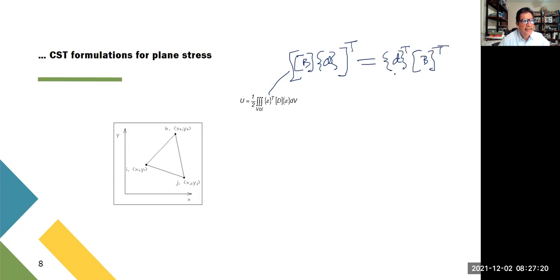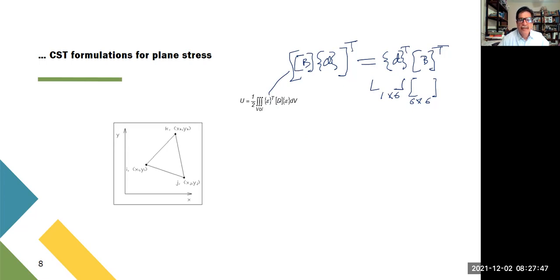Okay, so this is a row because D is a vector, and this is a matrix. So this is a 1 by 6, and this is a 6 by 6. Okay, so the result is going to be 1 by 6, which is a row.